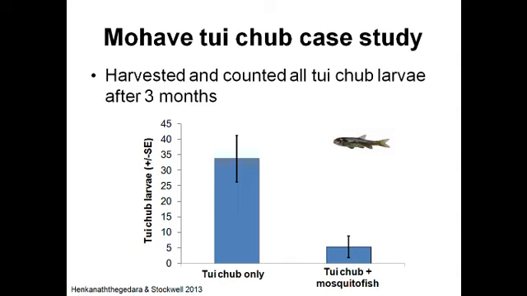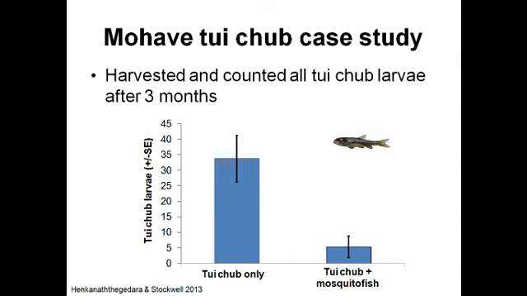So in this graph you see the numbers of tuichub larvae. This is the reproduction of the endangered species, the progeny of the endangered species. Two groups. In my controls, on average I have about 34 tuichub larvae in each tank.